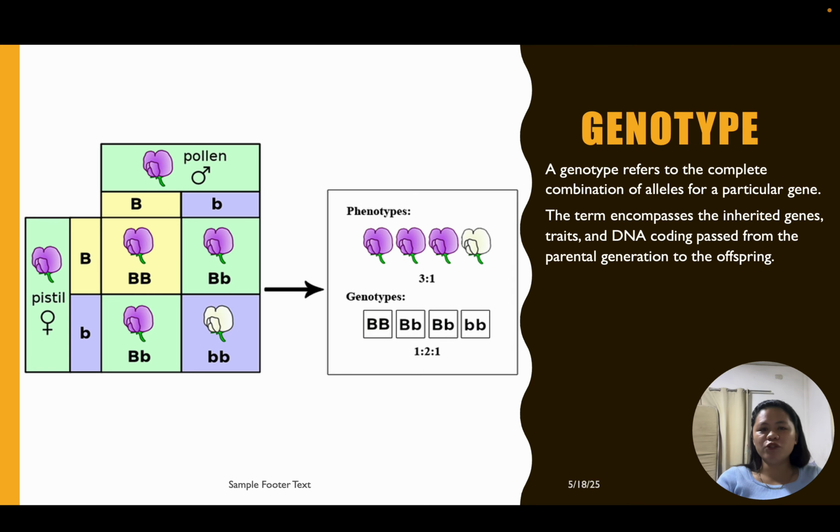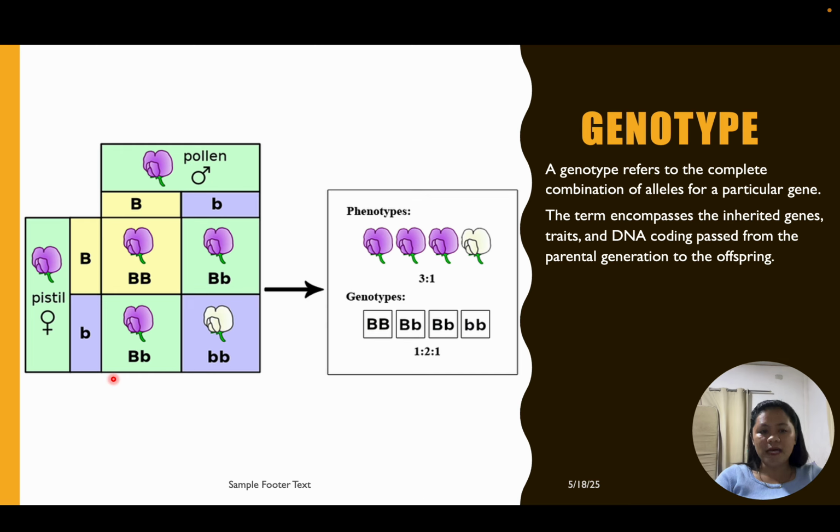Now, let's talk about genotype and phenotype. I know you already have an idea of what genotype and phenotype are, but this will serve as a review. Genotype refers to the complete combination of alleles for a particular gene. Kagaya niyan sa picture, as what you can see here.